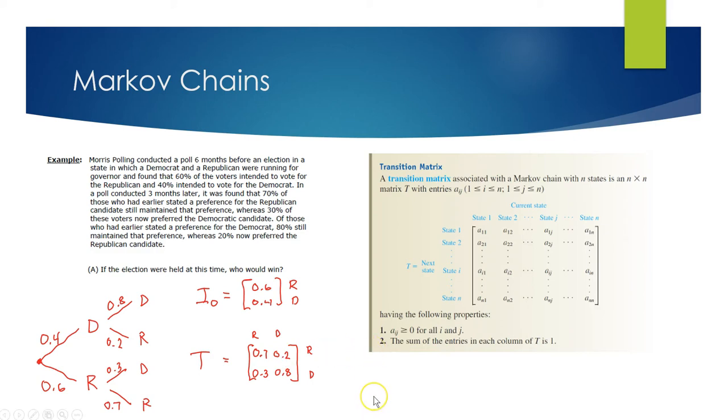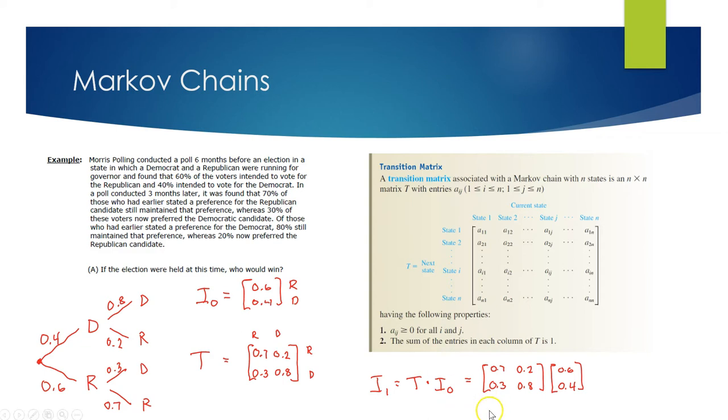To find out the current state, where are we now as far as the voting preferences? I1 is going to be calculated by taking the transition matrix times I sub 0, which is our starting state, our initial state. A subscript of 0 usually means initial in most math and science texts.